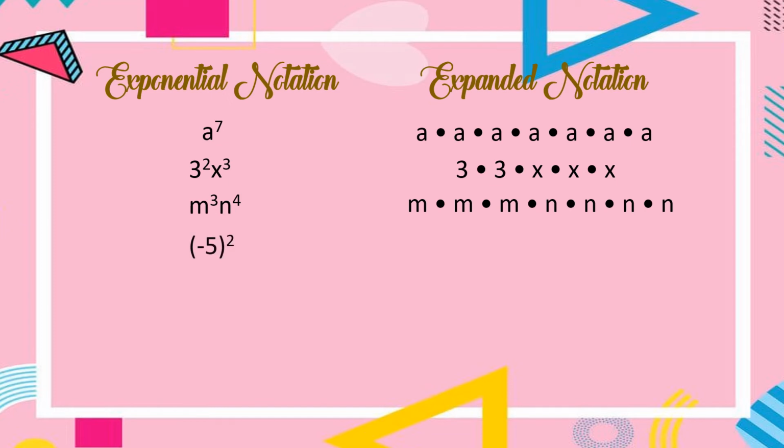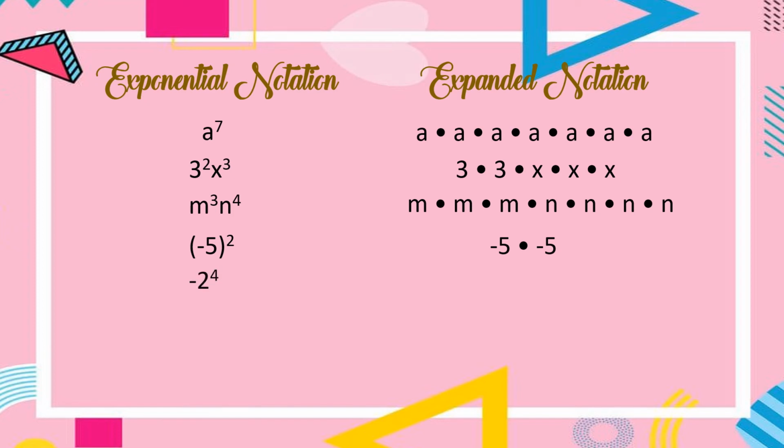Next is negative 5 squared. As you can see, yung ating negative 5 ay nasa loob ng parenthesis. So, ibig sabihin, yung negative sign ay kasama ni 5. So, kapag ginawang expanded notation, that is negative 5 times negative 5. Okay, next.